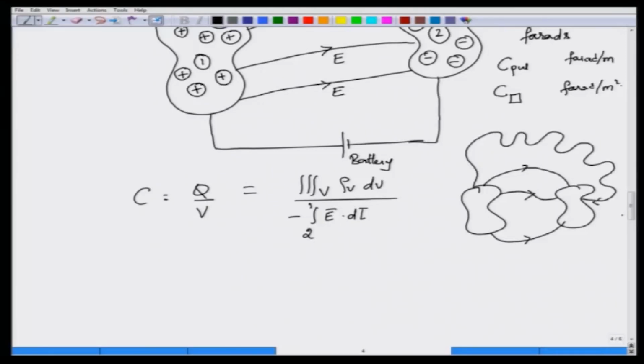Of course, the reason why all these paths work is because at all points on one of the conductors the potential is constant, and on all points on the second conductor, the same thing, potential is constant. So, if you want to calculate the difference in potential, you can start at any of these points and follow any path, because in the electrostatic condition the potential difference is independent of the path that you follow.